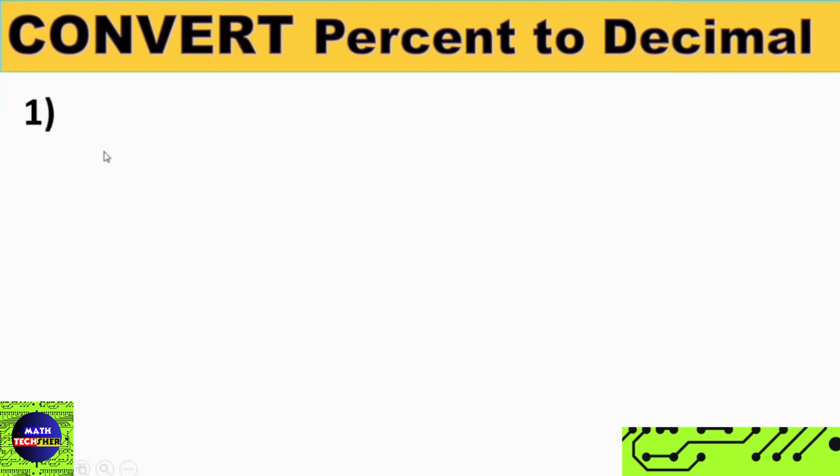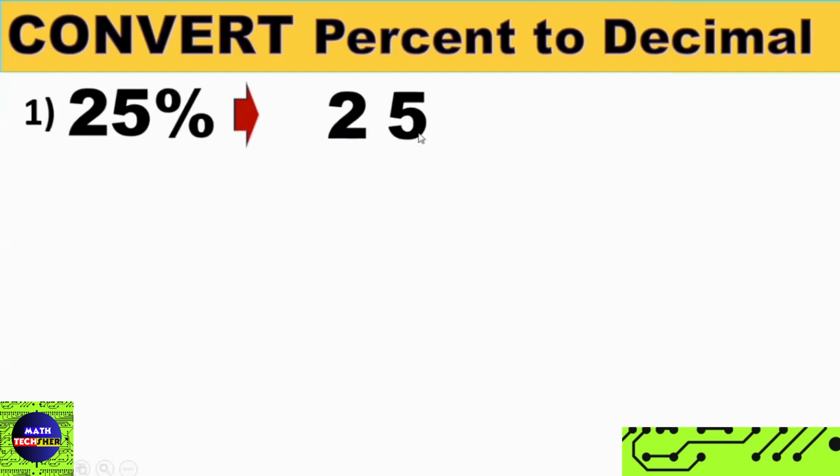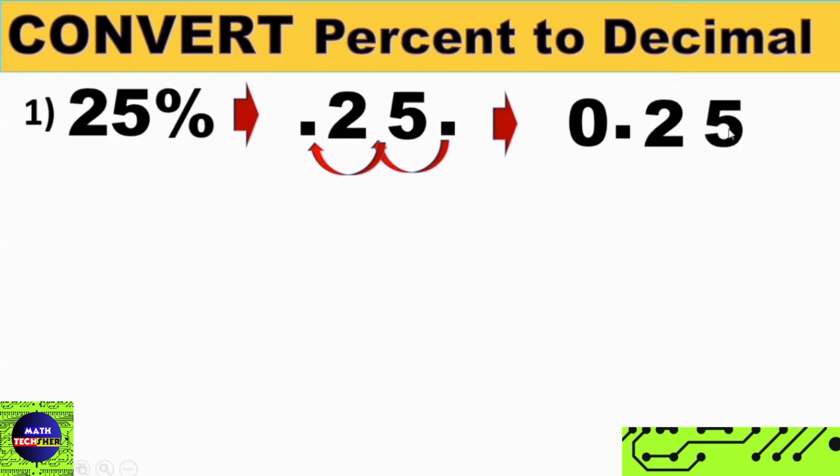Okay, so let's have another example. Number 1, 25%. Then now eliminate the percent sign. Then from the point, count two places going to the left, 1 and 2. So add point to the left side and then add 0. Then now we have 0.25.